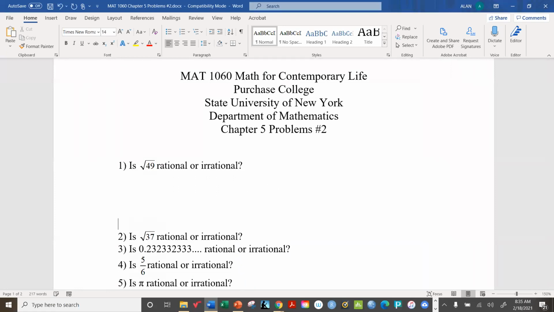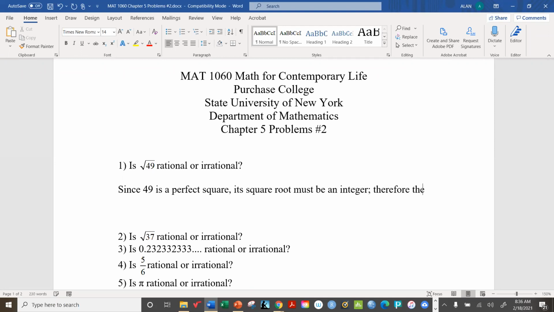All right, so these first few are just basically short fill-ins when you look at them. And you'll notice the first one asks if the square root of 49 is rational or irrational. And so how do we answer a question like that? Well, you might recall that the rule with square roots is very straightforward. Since 49 is a perfect square, its square root must be an integer.